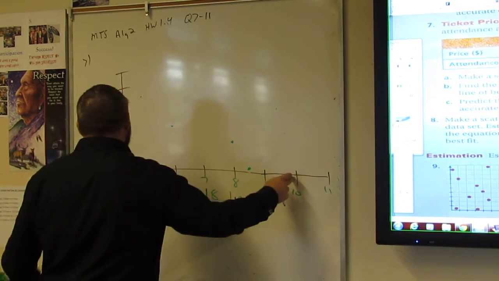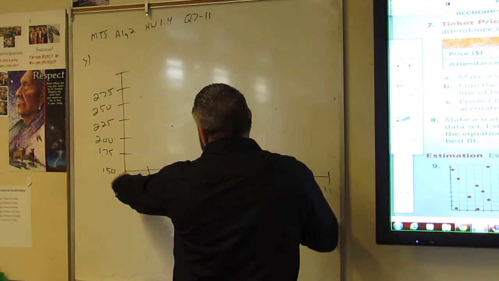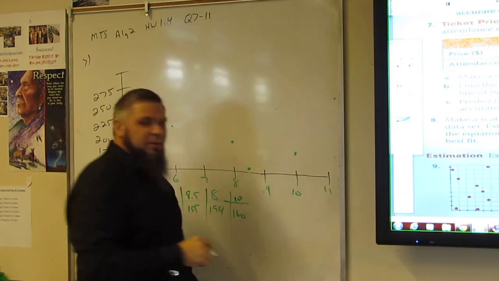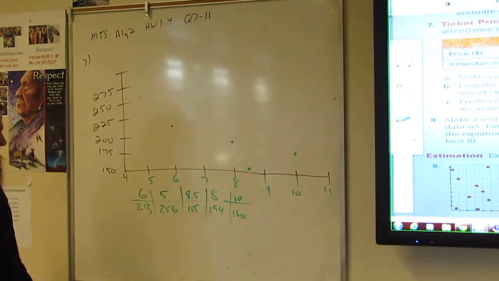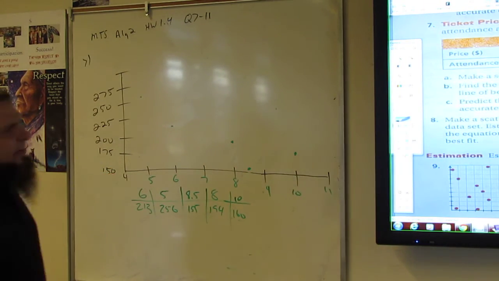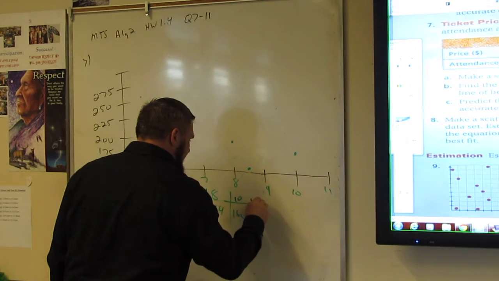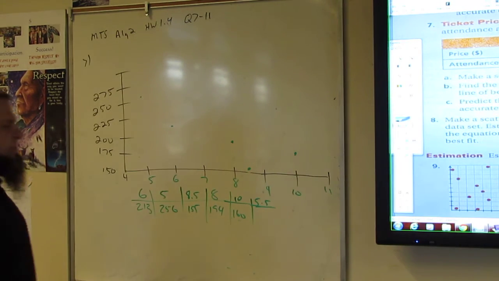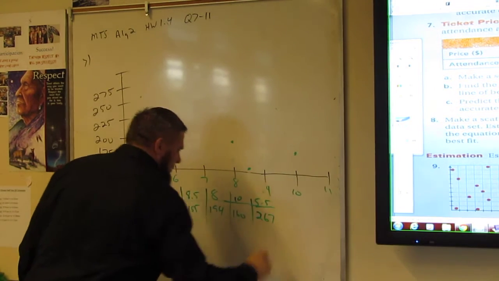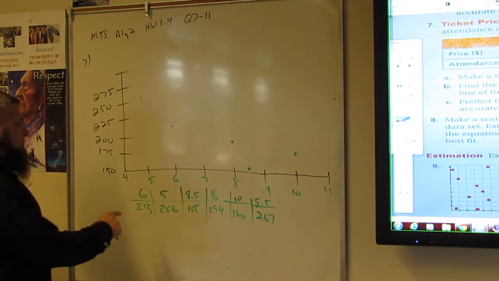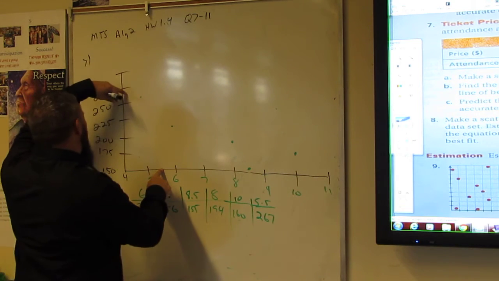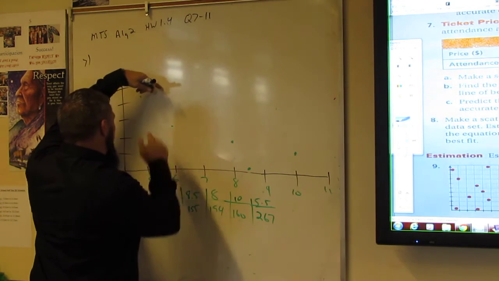So I go to 10 and I go to 160. That's a little less than 175, so somewhere in there. Then I've got 5.5 and 267. So I'm going to go to 5.5 and 267. That's going to be up here somewhere. Boom.